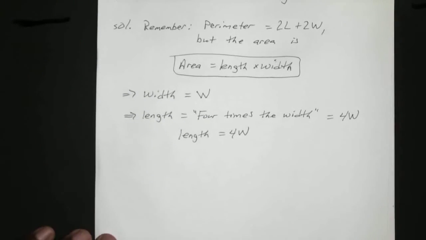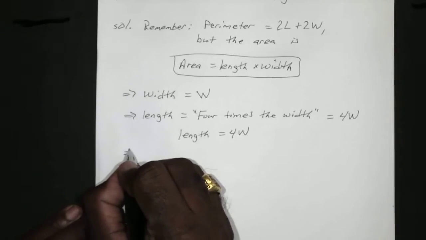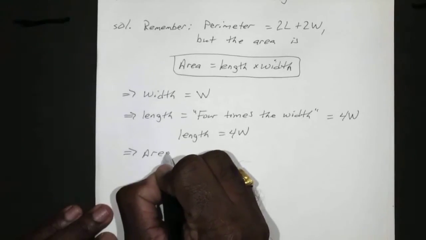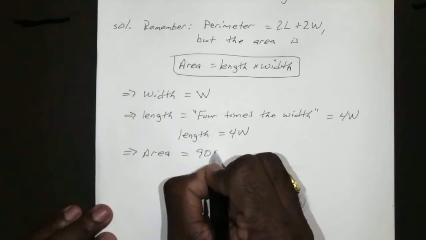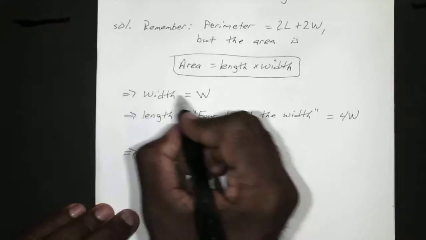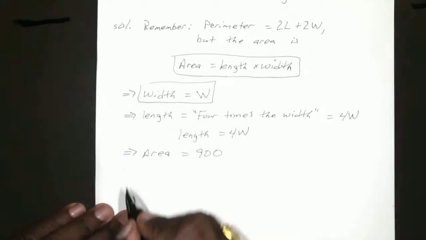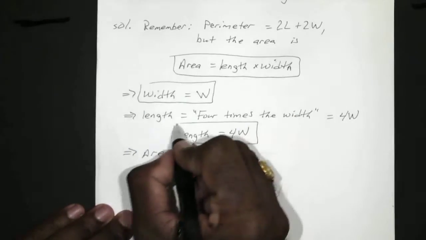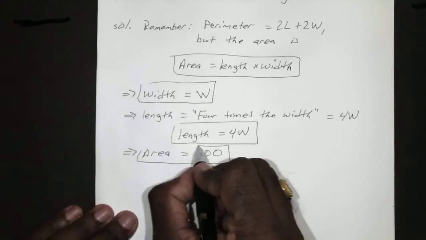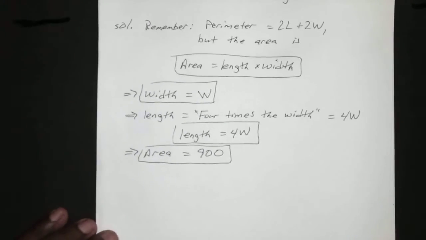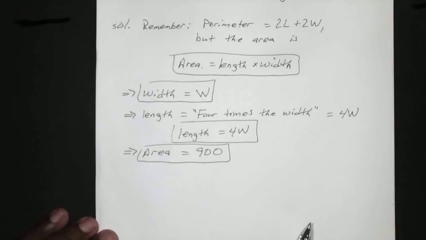Okay. And we also know that the area is 900 square feet. We don't need the square feet, we just need the 900. There we have our width, we have our length, and we have our area. So all we have to do is plug it into that formula.